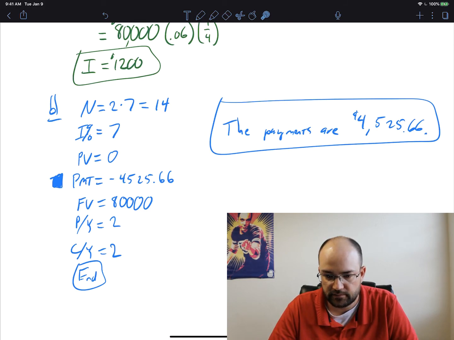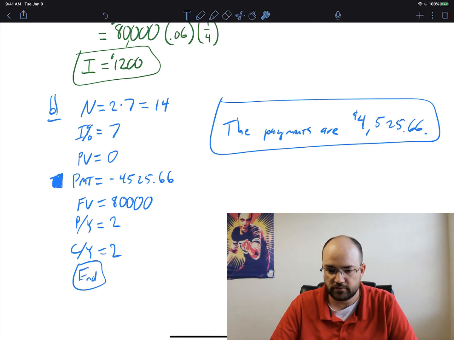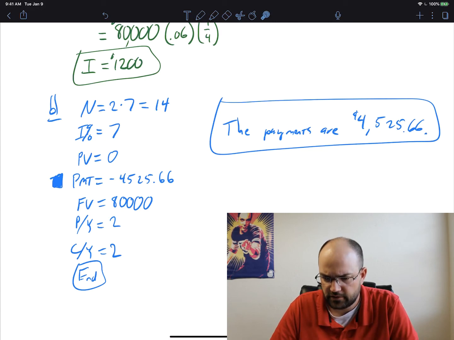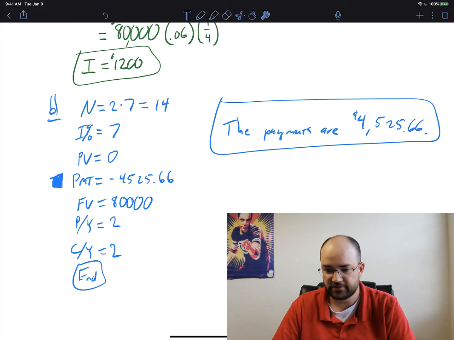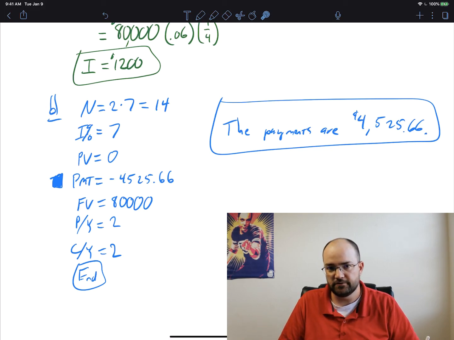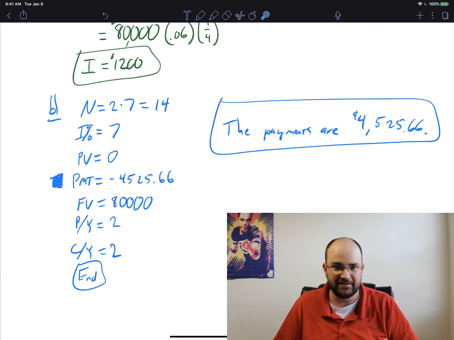I can do it in my head, but why would I? $33,600. So the seller is going to receive $33,600 during the first 7 years, and then at the end of that 7 years, she's going to receive a flat payment of $80,000.